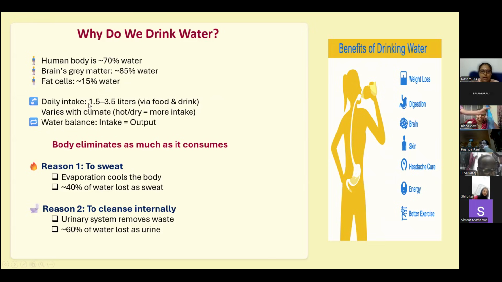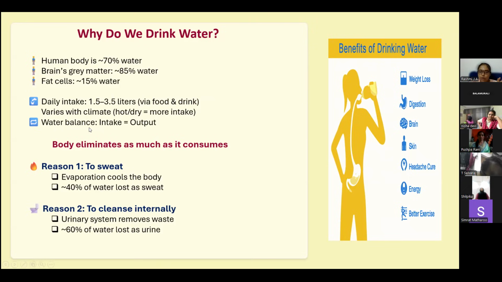Okay, now the daily intake is 1.5 to 3.5 liters of water. It can come in the form of food or drink, and varies with climate. Here, water means fluid intake also. So you can take it in the form of juices, buttermilk, etc. Or milkshakes, that you can also have.